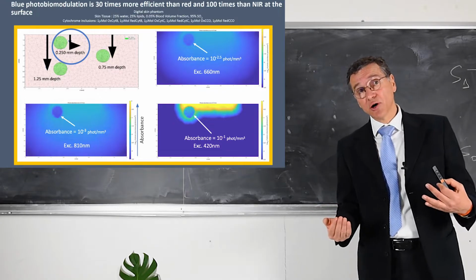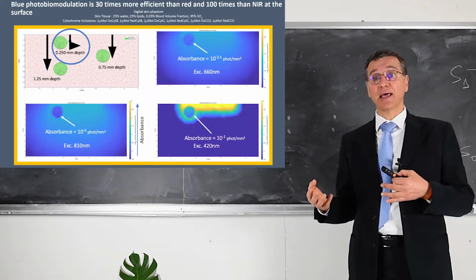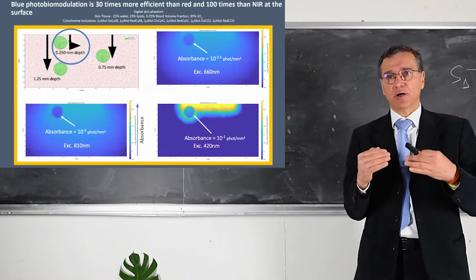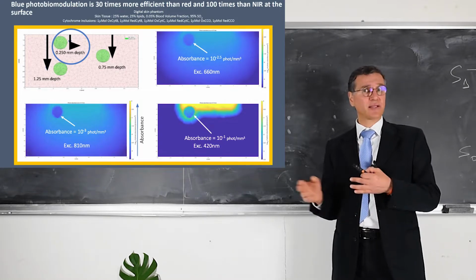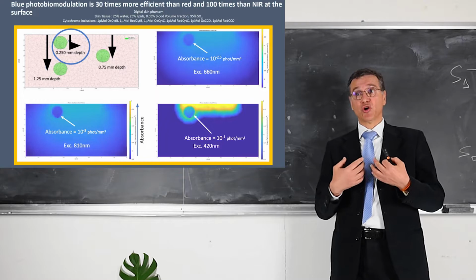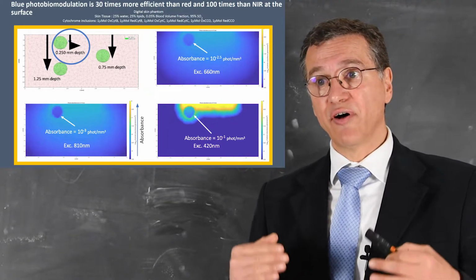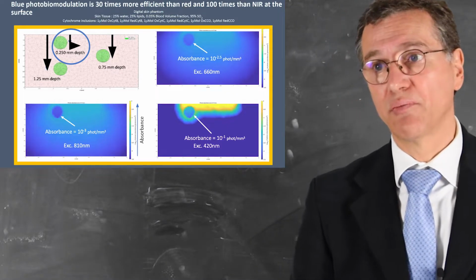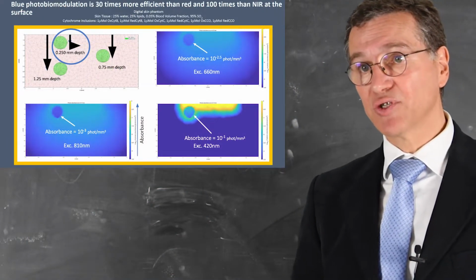But it's also absorbed much more than the red and the near infrared, which are, of course, propagating on the surface, like the blue. And since the cytochrome is absorbing much more, we see that the effect of photoactivation of cytochrome on the surface with blue is 30 times more than the red and 100 times more than the near infrared.